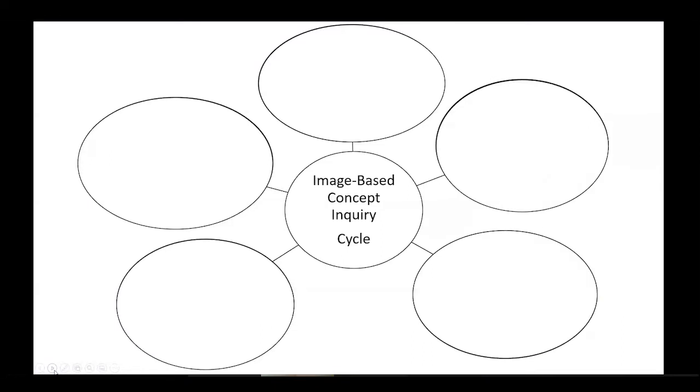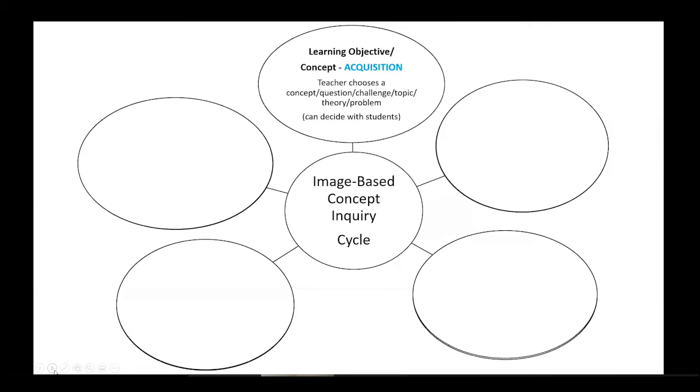There are five distinct steps in this image-based concept inquiry cycle. The first one focuses on identifying a learning objective or concept in your teaching, and it links to the learning type of acquisition. Acquisition is mostly when students are reading, watching, engaging with something in a form of consuming information. What this step means is the following: the teacher chooses a concept, a question, a challenge.